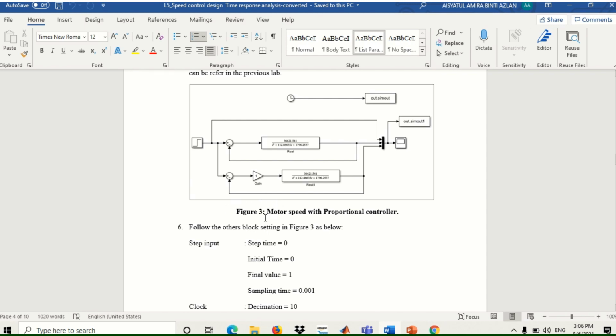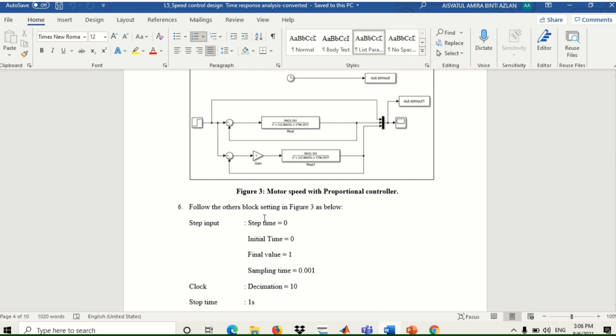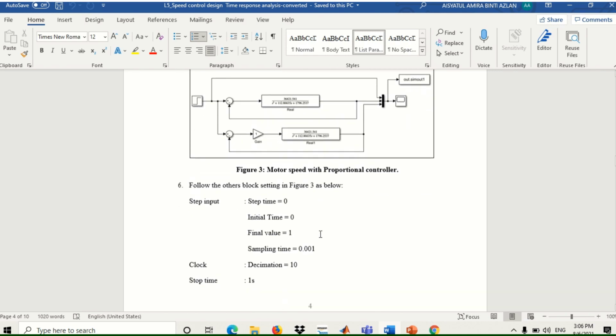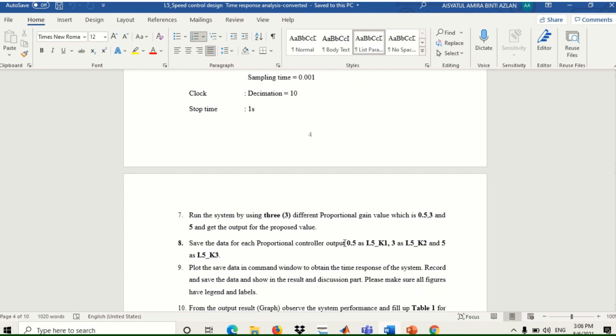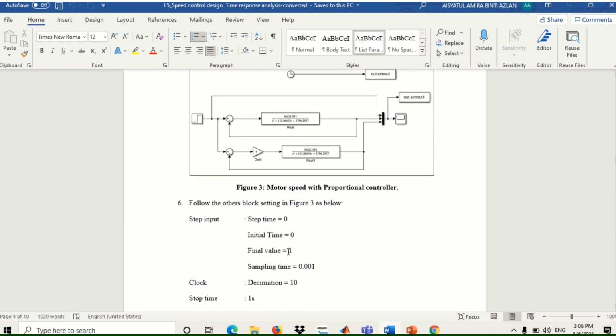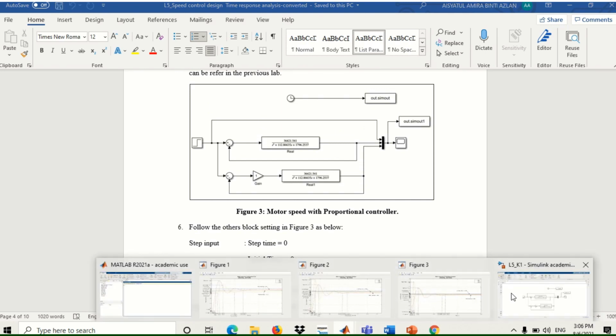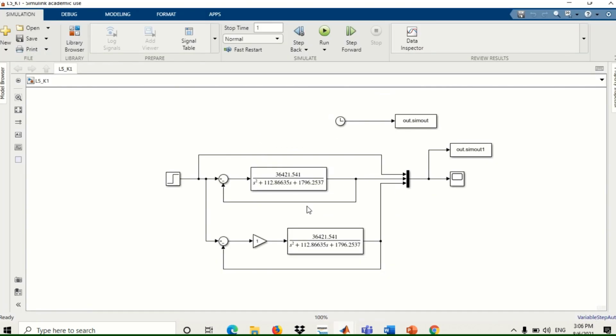So to get a different output, we just need to change the value of the gain block, and we use 3 different values. First 0.5, second 3, and the last one is 5. So we construct the circuit in MATLAB.